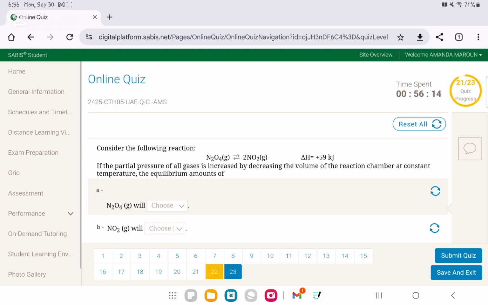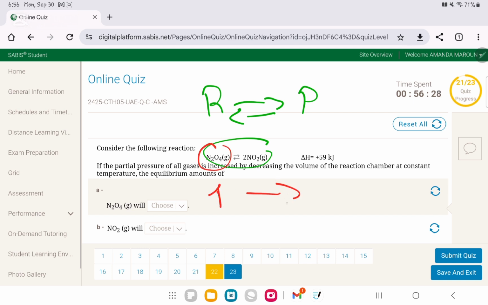If the partial pressure of all gases is increased by decreasing the volume. Whenever we have pressure, we said we're going to take reactants and products. We're going to count how many gases in the reactants? 1. How many gases in the products? 2. So definitely if they are increasing the partial pressure, then 2 will give to 1.